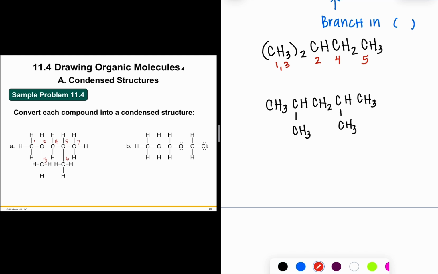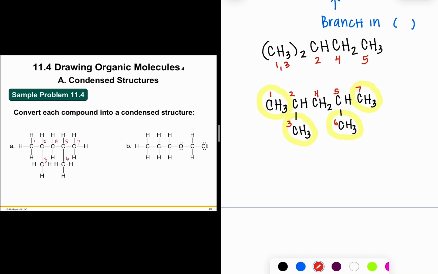I'm going to number my atoms: 1, 2, 3, 4, 5, 6, and 7. Again, I have CH3s right here and here attached to carbon number 2, and then on carbon number 5 I have a similar thing. I sort of have an inflection point here where I have some mirroring.